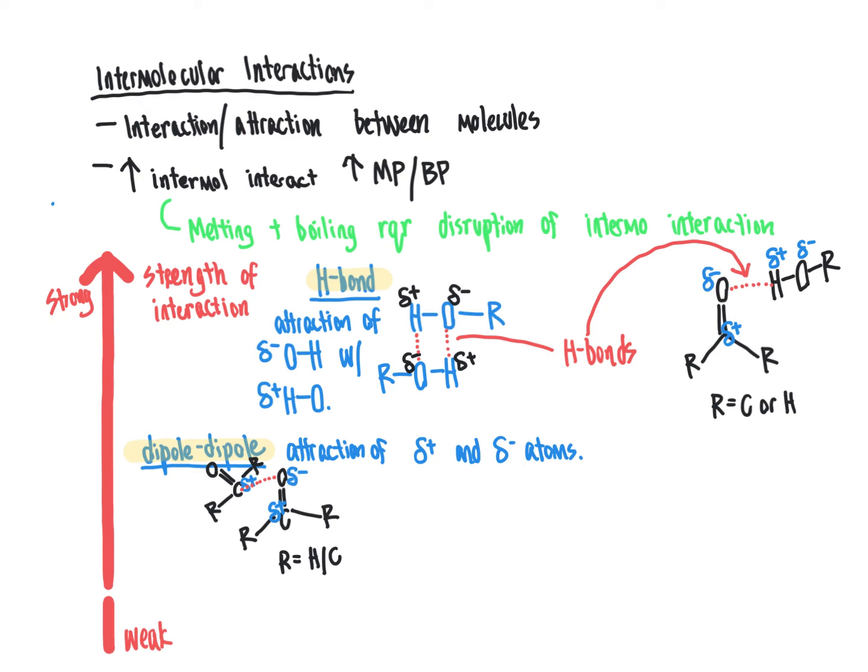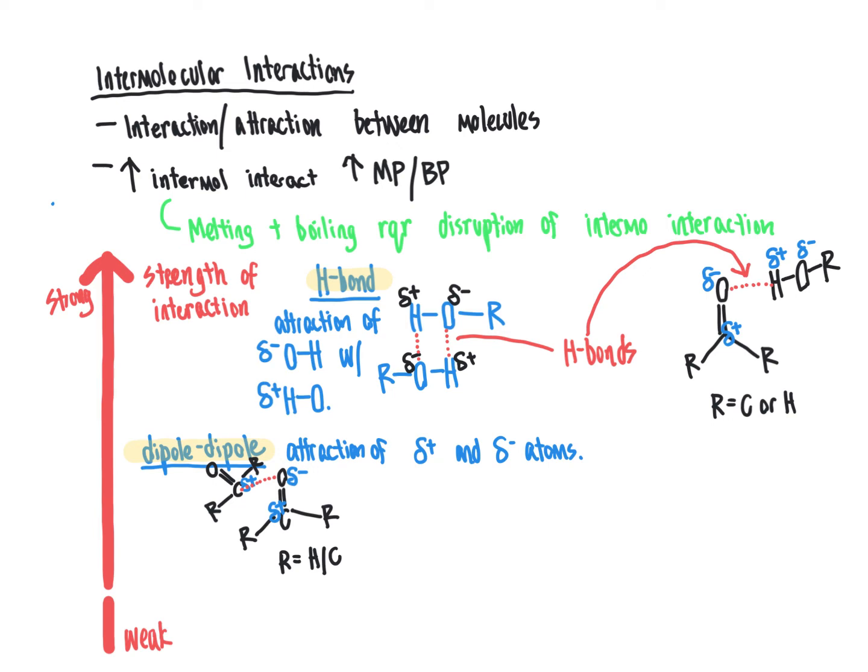Hydrogen bonds are very strong and very extreme examples of interactions between different molecules with OH or NH groups. Dipole-dipole interactions are these types of engagements of positively and negatively polarized atoms, but much weaker than a hydrogen bond, and hence less influential on the melting point and boiling point of molecules.